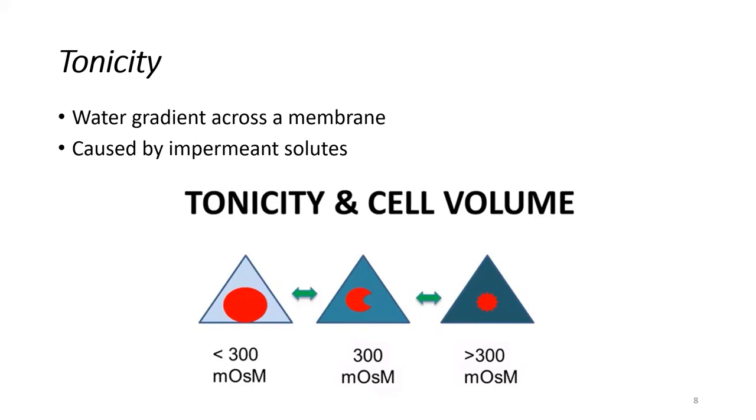Osmolarity looks at all the solutes present in either solution. So we can also talk about a hypertonic solution, which has an osmolarity greater than 300, or a hypotonic solution, which has an osmolarity less than 300, and then an isotonic solution has an osmolarity that is the same as our cells, or 300 milliosmoles.